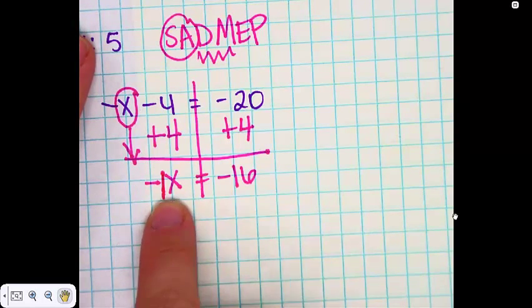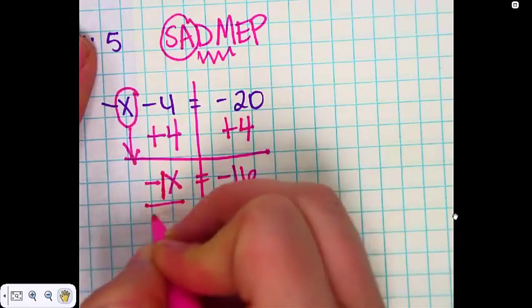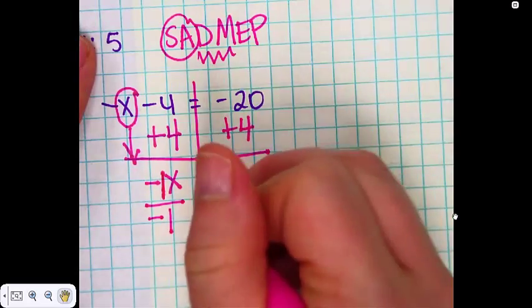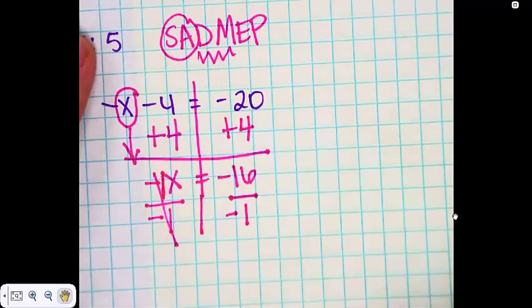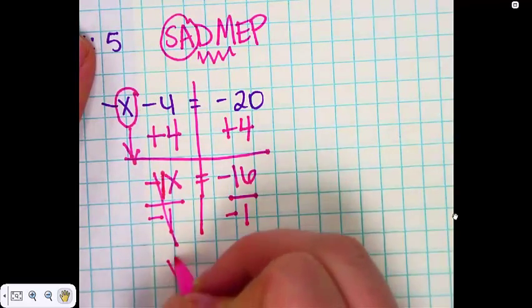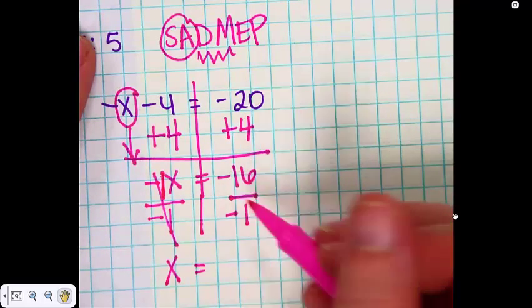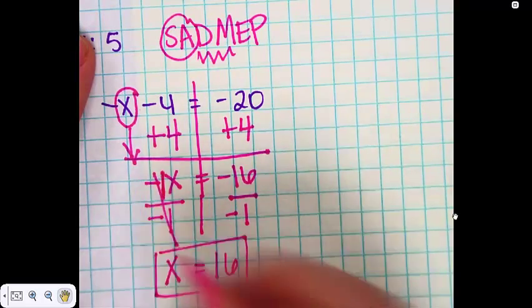What is the inverse of multiplication? Division. So I'm going to divide by negative 1 on this side, and I'm going to divide by negative 1 on this side. Negative 1 divided by negative 1. Inverse operations undo one another, so they're gone. And then I have negative 16 divided by negative 1. A negative divided by negative is a positive, and my answer is x equals 16.